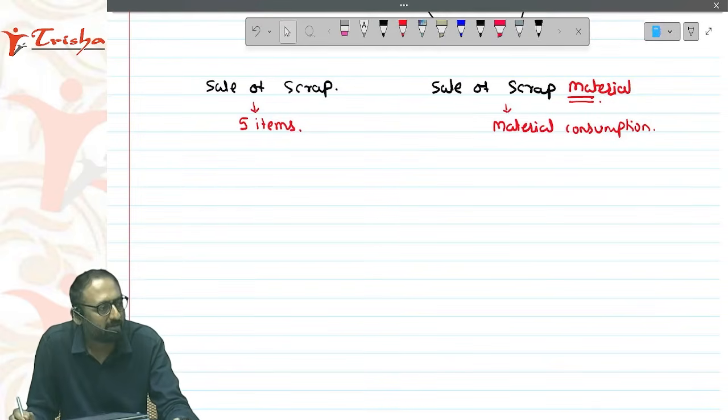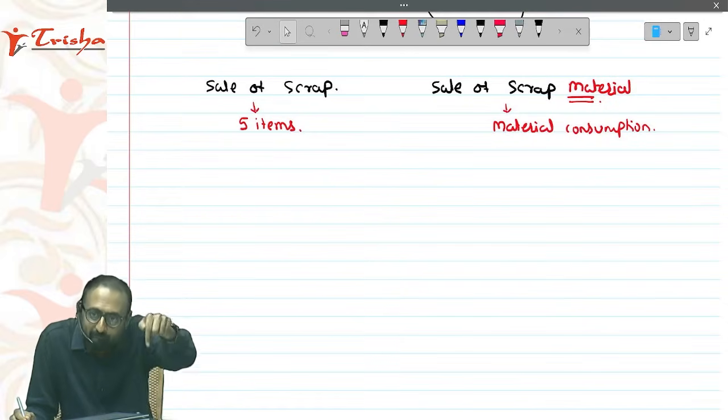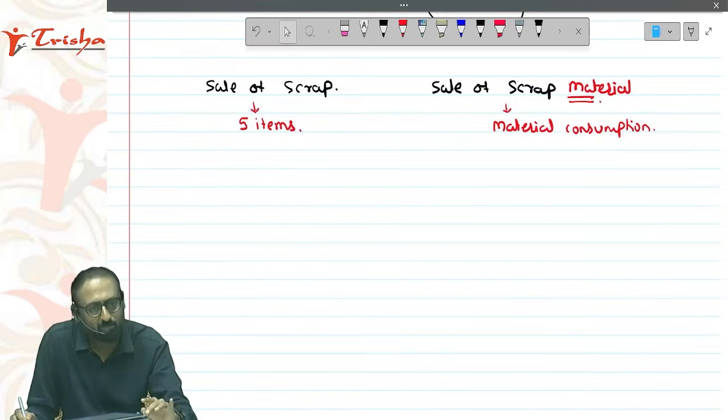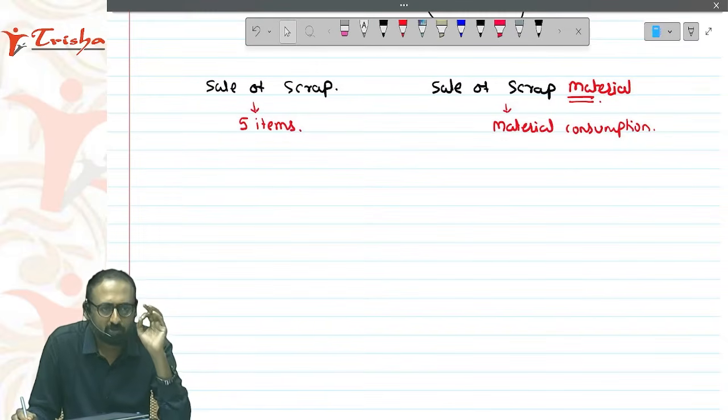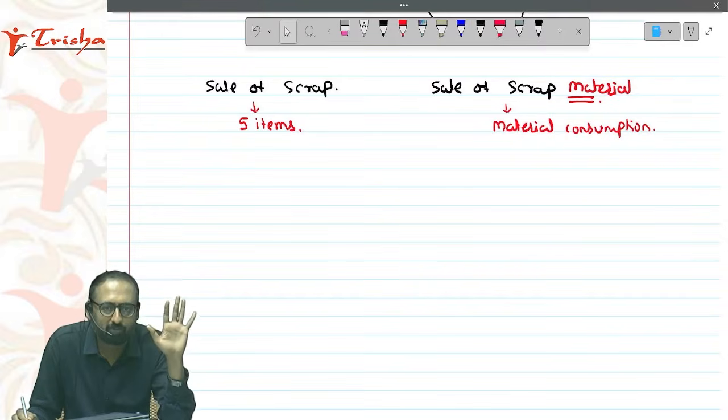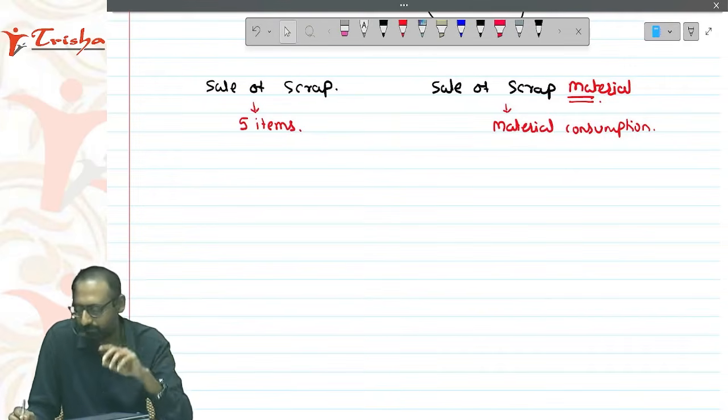Opening stock, add purchases, less purchase return, add carriage inward, less sale of scrap of material, less closing stock. So what is the deciding rule? Only scrap used, then one of the 5 items. Sale of scrap of material used, then adjust in material consumed.